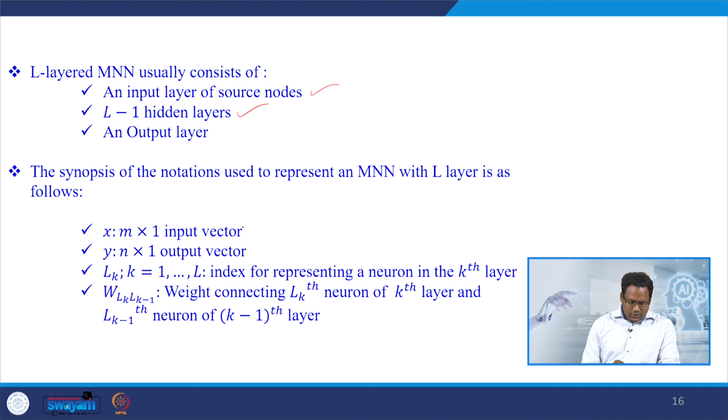The synopsis of the notations used to represent a multi-layer neural network with L layers is given as follows. Let x be the m cross 1 input vector and y be the output. Instead of y, we can say it is o, the output, small o.